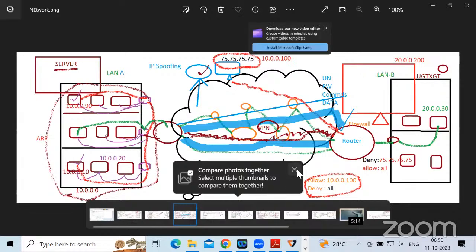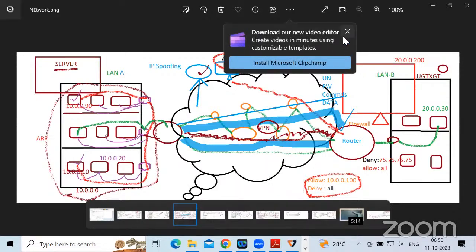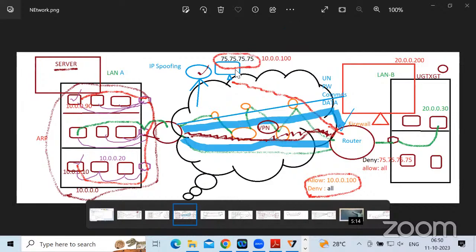See, this picture, if I draw it, it will be very meaningful, but there is no time. Therefore, I'll try to explain it from the drawn picture.